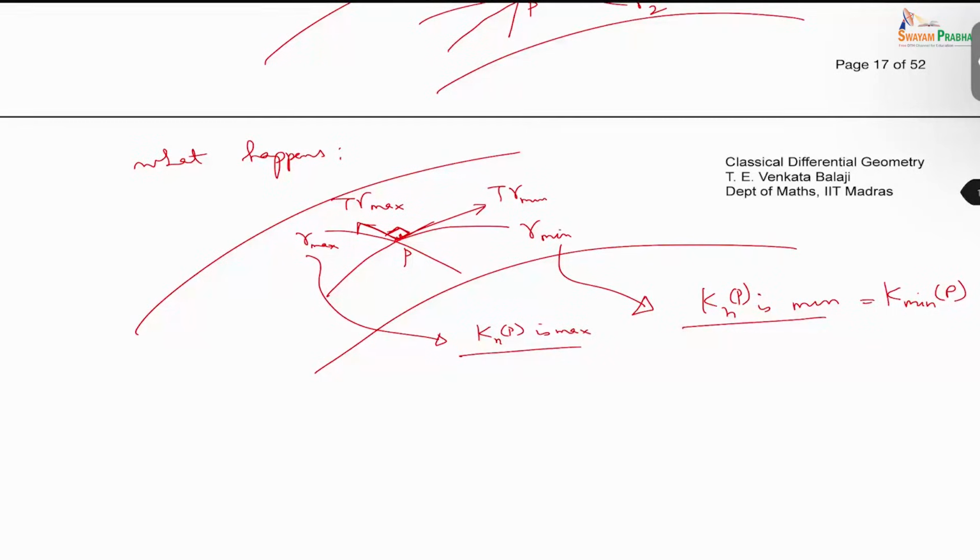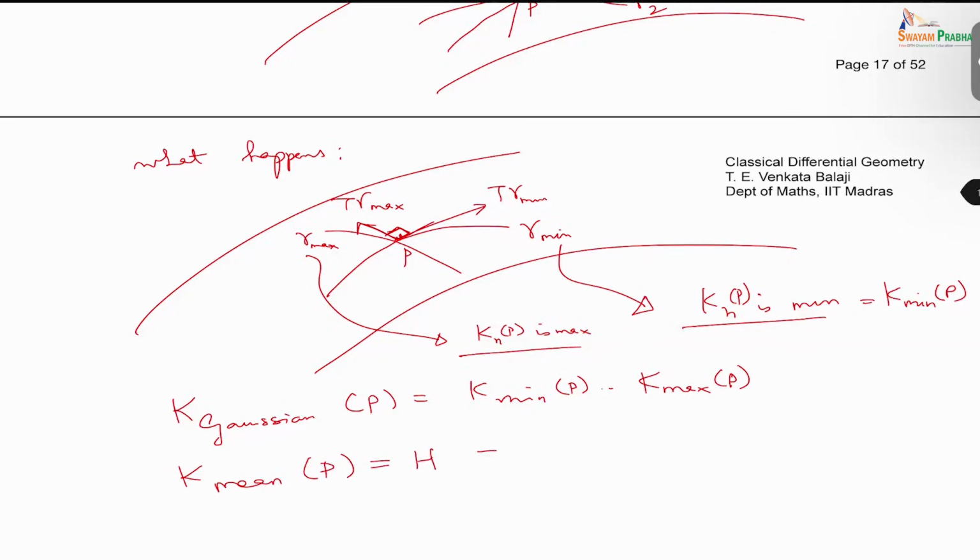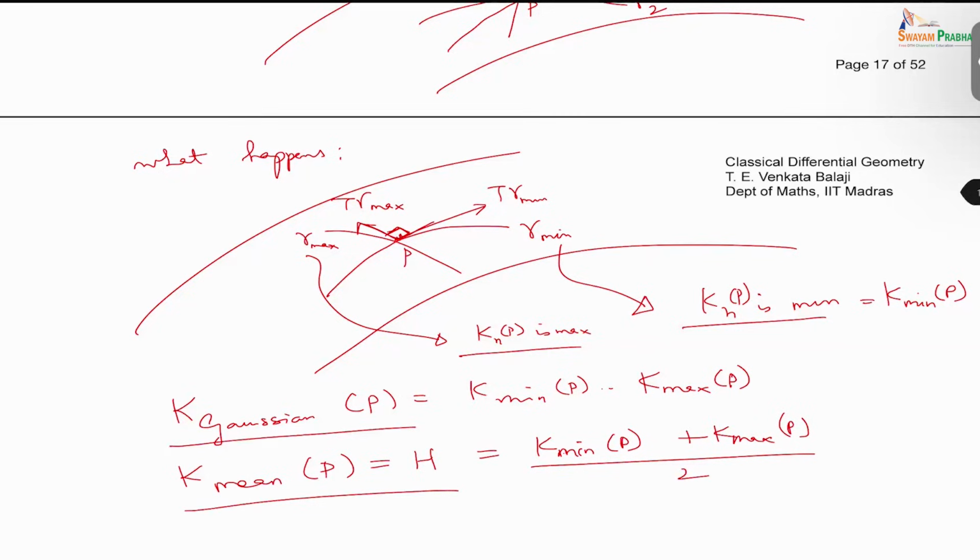So you have K Gaussian at the point P, which is the product of K minimum at P times K maximum at P. And then K mean curvature at P, some of the books use H, is going to be the average: K min at P plus K max at P, divided by 2. So you have the Gaussian curvature and the mean curvature.